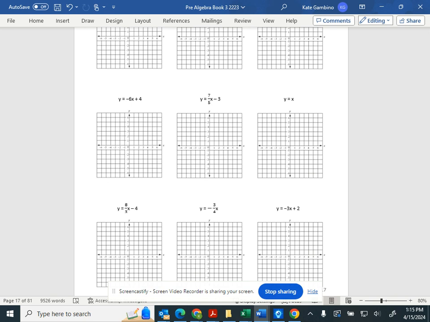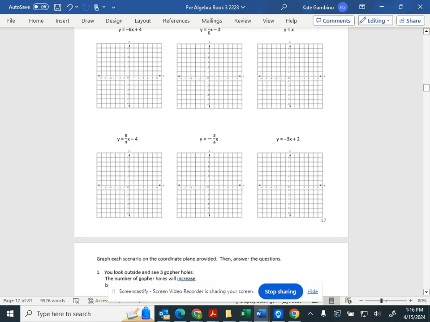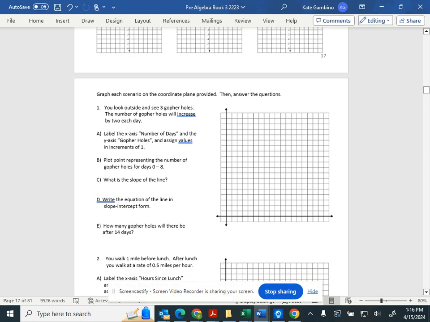So if there's no y-intercept, we know it's 0, 0. If there's no slope, we know it's 1 over 1. Okay, so you need to remember that. You could even write that. No b equals 0, 0. No m equals 1 over 1. Any questions?